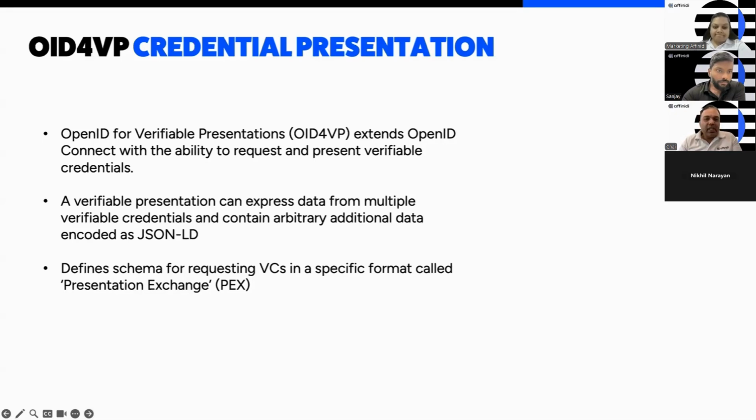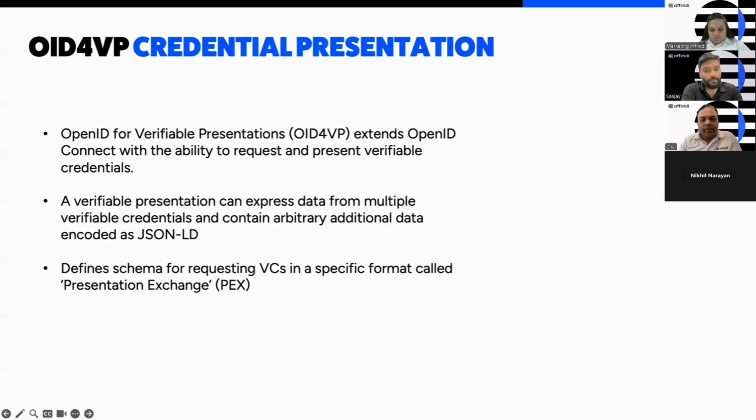So a verifiable presentation is the verifiable credential signed with the holder's key. It can also combine several VCs into one single abstraction, because in many use cases you might be requesting more than one VC. We'll talk about it in more detail, and we'll see an example also.